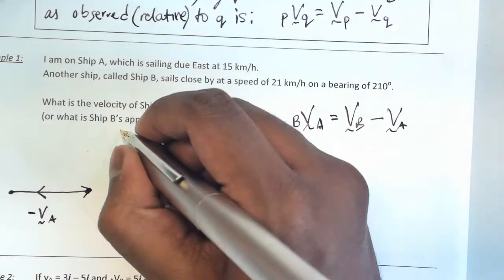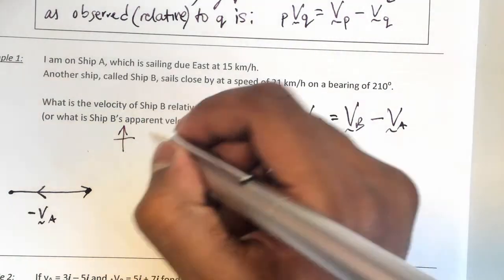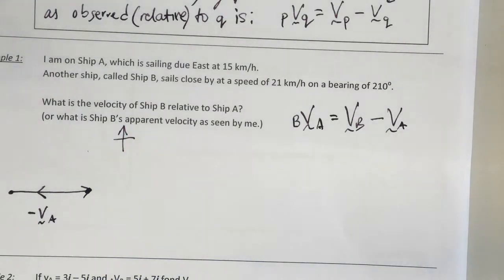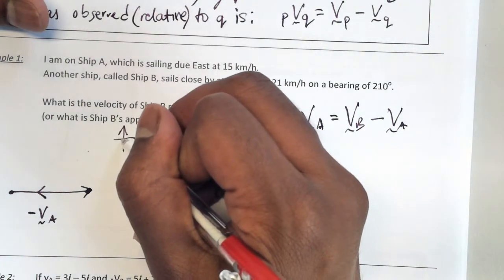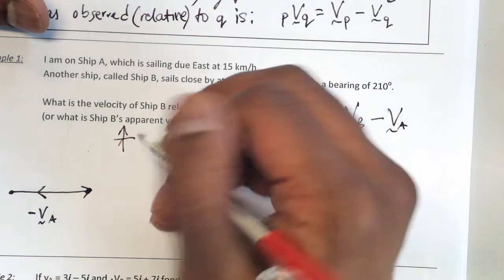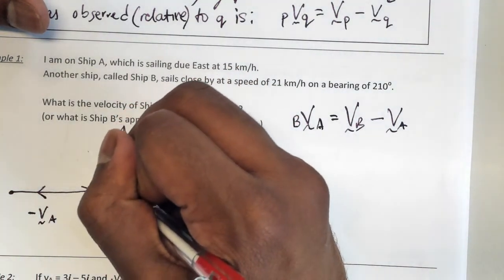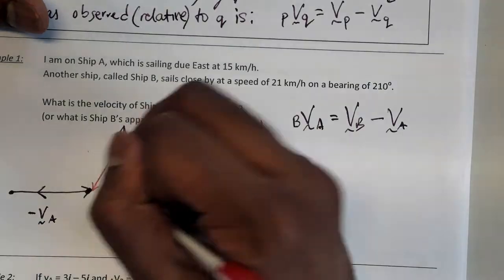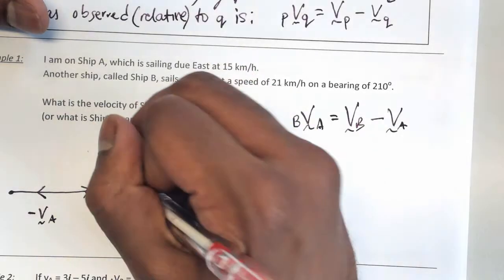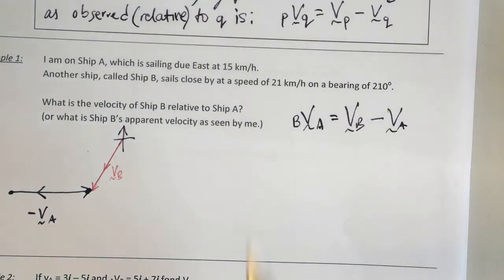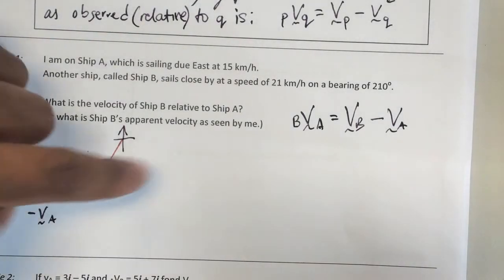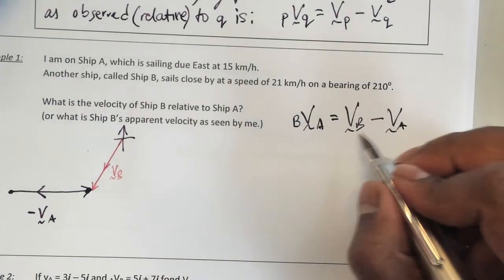So the bearing of 210 should be roughly, let's see, well that's 180, that's 270, so 210 should be there somewhere. So that's VB. So we got negative VA, add VB, or VB take VA.